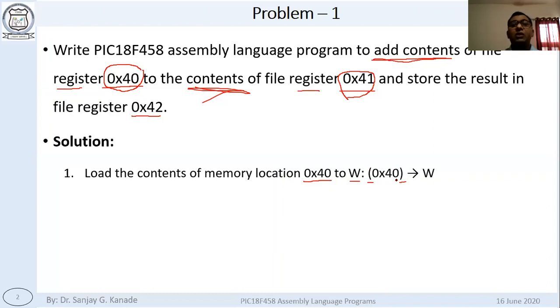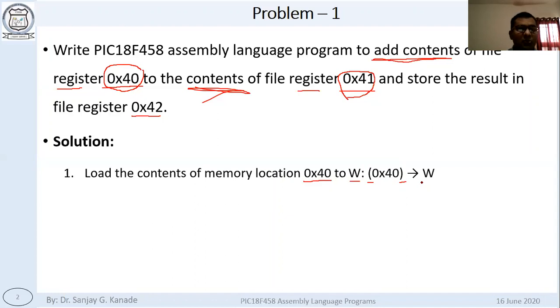You remember while discussing the instructions, I have told you that the brackets indicate the value at that location. Okay, so we have to write an instruction which will transfer the contents of 0x40, means the value at 0x40 to W. So this will be our first step.